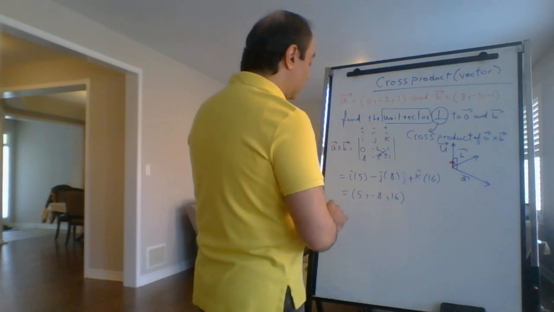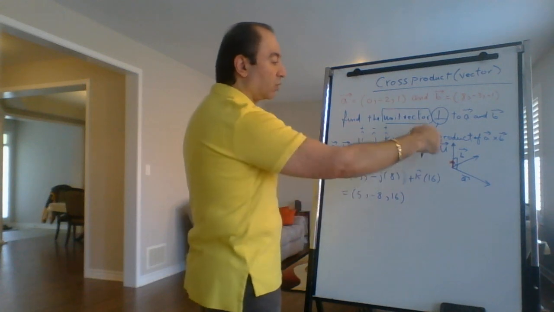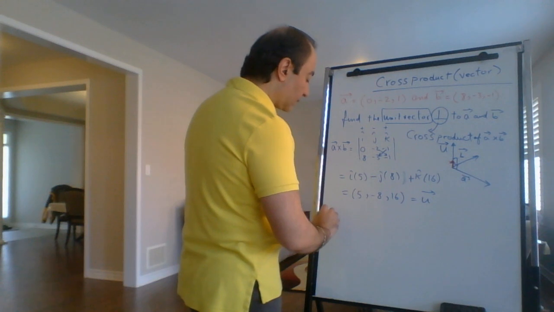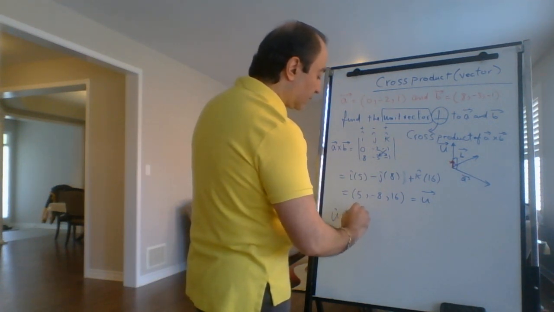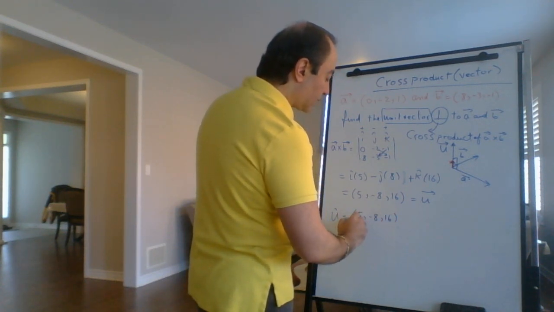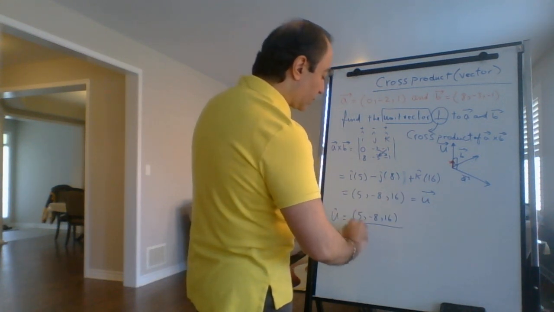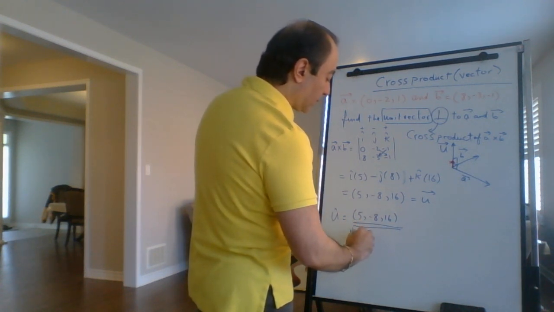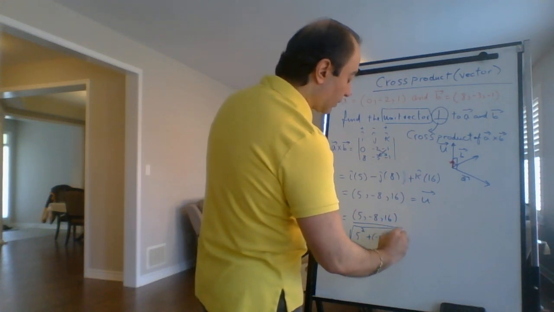This is the vector that's perpendicular to both A and B, not the unit vector. This is the vector u. So let's call this u. If I want to find the unit vector in the direction of u, I have to divide all these components by the square root of 5 squared plus negative 8 squared plus 16 squared.